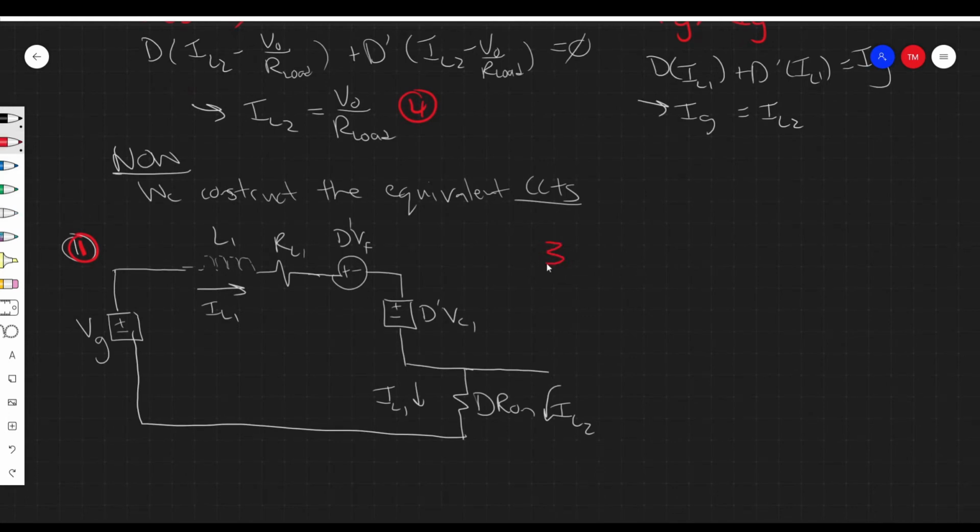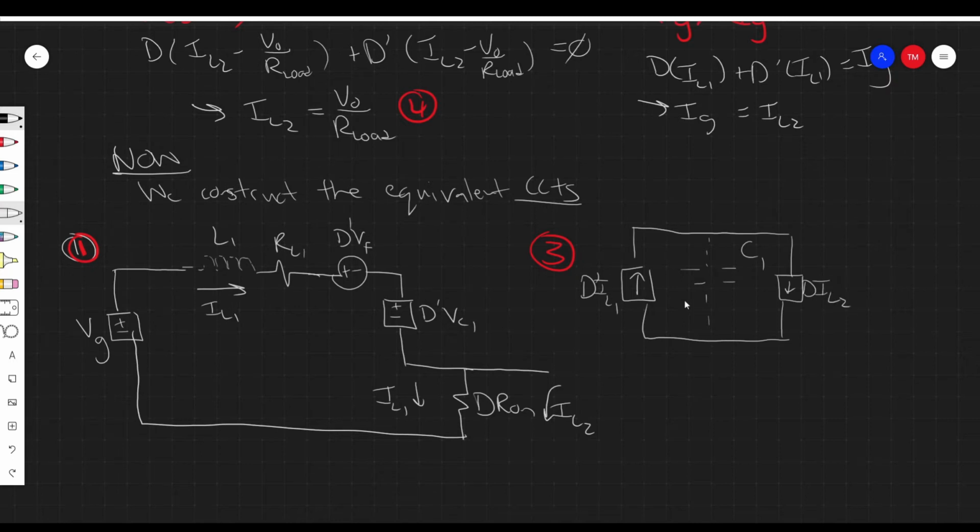I'm going to consider equation 3. And equation 3 says that, again, this represents our capacitor C1, and we're dumping in D prime IL1, and we're taking out DIL2.